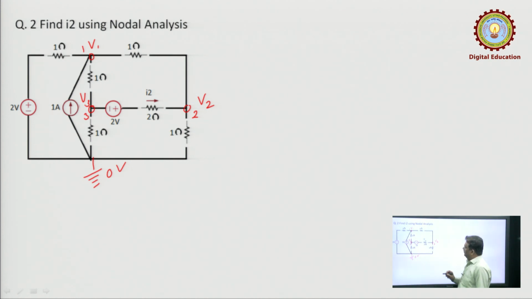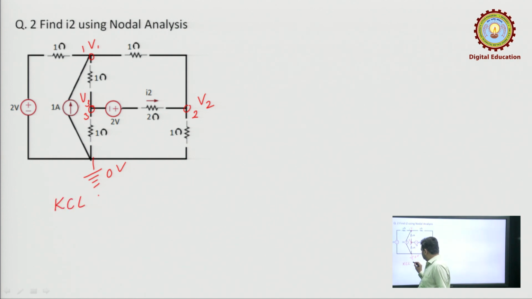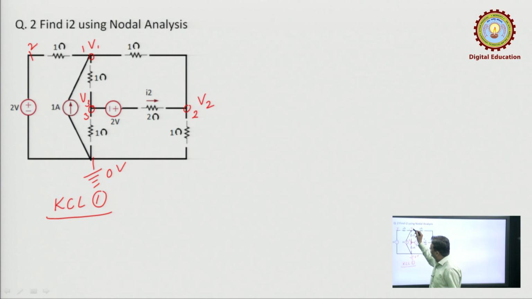Right. Now, KCL at 1. So, there are 3 independent nodes. Their voltages are V1, V2 and V3. This is datum node. So, KCL at 1. How many branches? 1, 2, 3, 4. V1 voltage of this point is 2. So, V1 minus 2 upon 1.